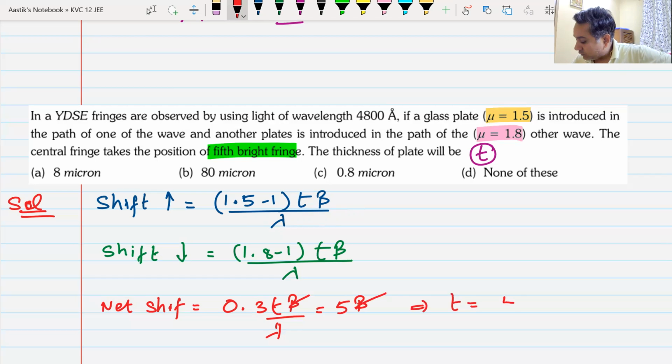T will be equal to 5 lambda divided by 0.3. Do we understand this? Everyone got this?